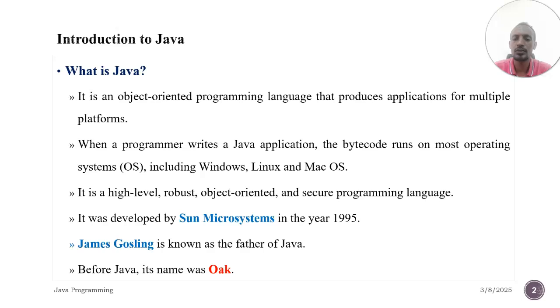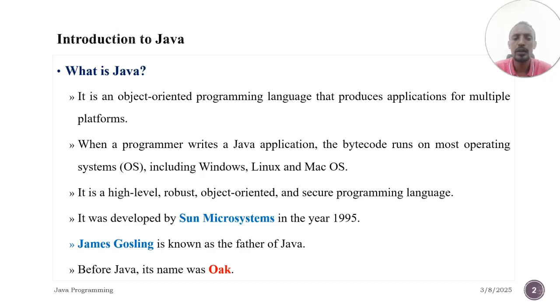The byte code, which is a compiled format of source code in Java, runs on most operating systems, like Windows, Linux, and Mac. Java is a high-level, robust, object-oriented, and secure programming language nowadays.